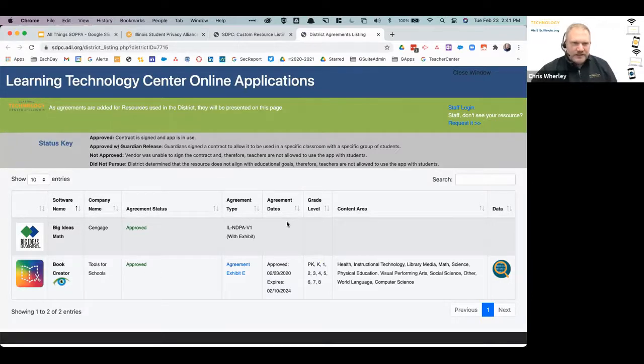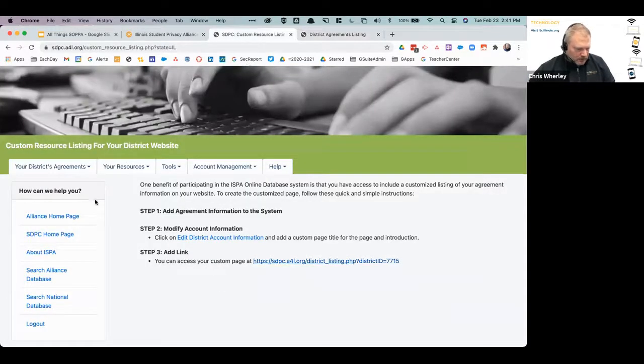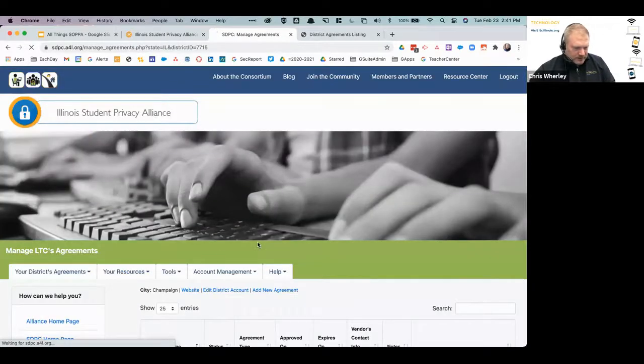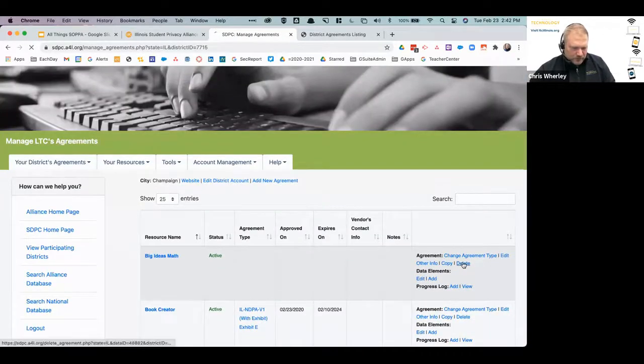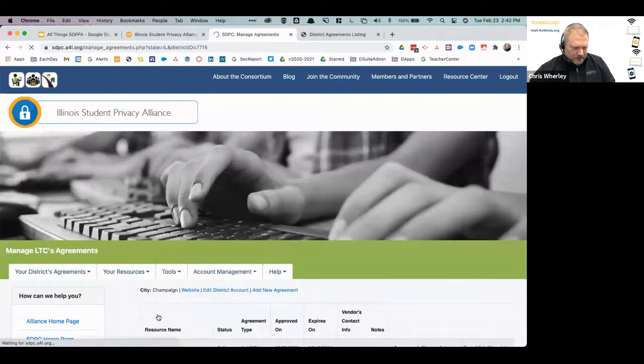If I would have come to this web page, I could have seen that the date didn't match up or whatever. But I can also see that this one doesn't even have a date, or maybe I started this one and didn't complete it. So if I want to come back over then to my manage agreements, then I can delete that one as well and not have that one listed in my agreements.